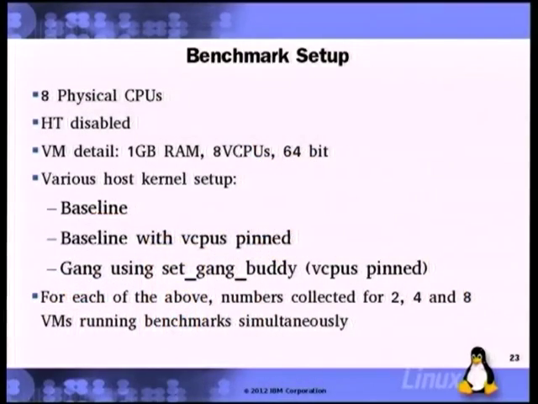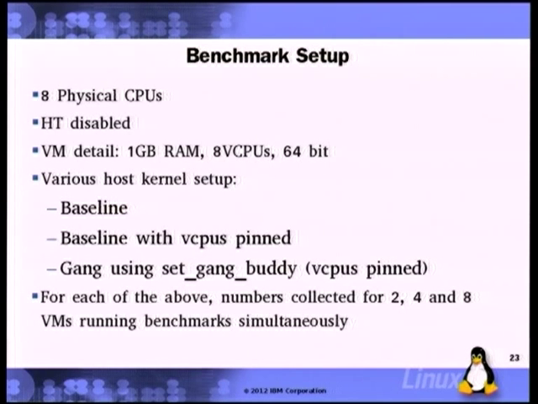Moving on to some benchmark numbers. This is the benchmark. I'll go into detail of what kind of setup we had. We had 8 physical CPUs with HT disabled. Our VM had 1 GB RAM, 8 vCPUs and was a 64-bit VM.